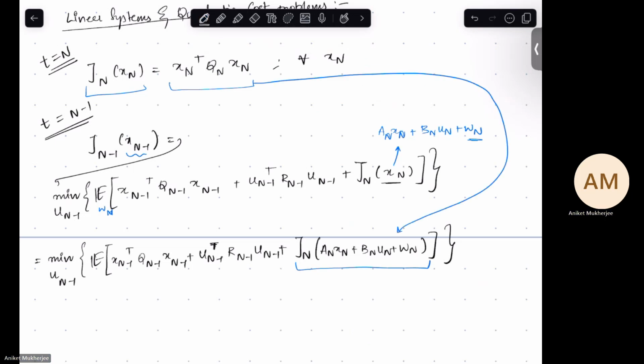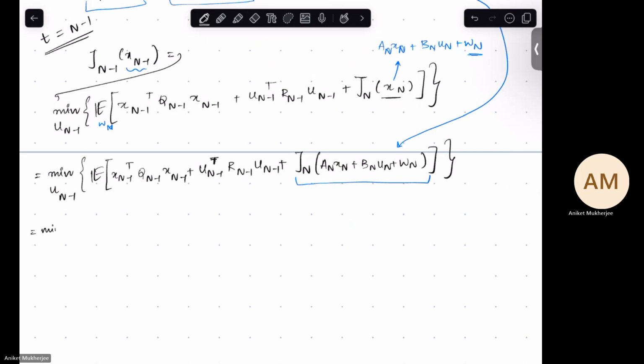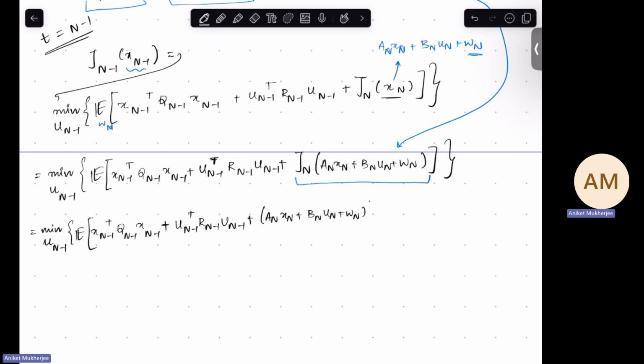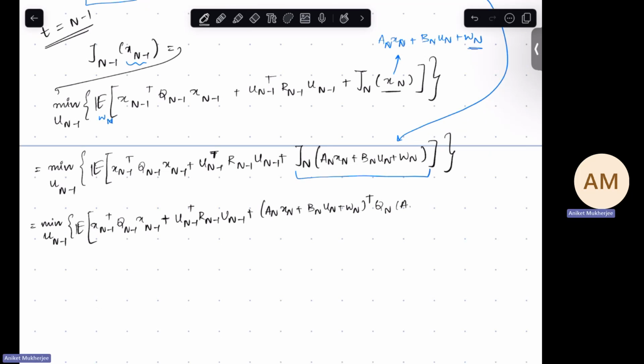Then we'll get minimize over un minus 1 the expectation of xn minus 1 transpose Qn minus 1 xn minus 1 plus un minus 1 transpose Rn minus 1 un minus 1 plus An xn plus Bn un plus wn transpose Qn into An xn plus Bn un plus wn.